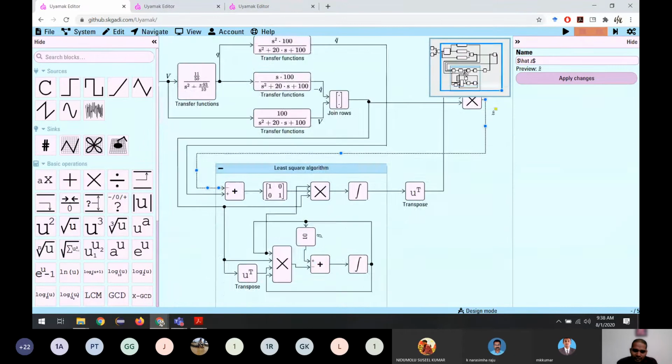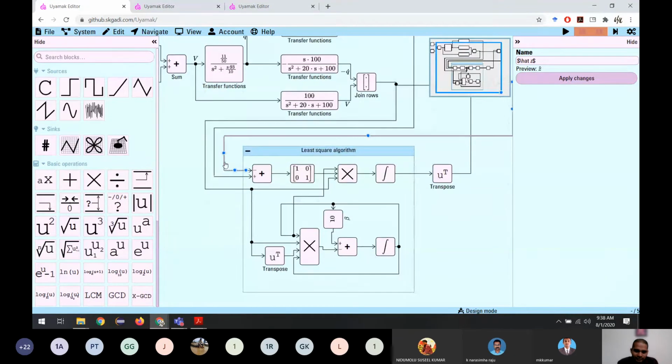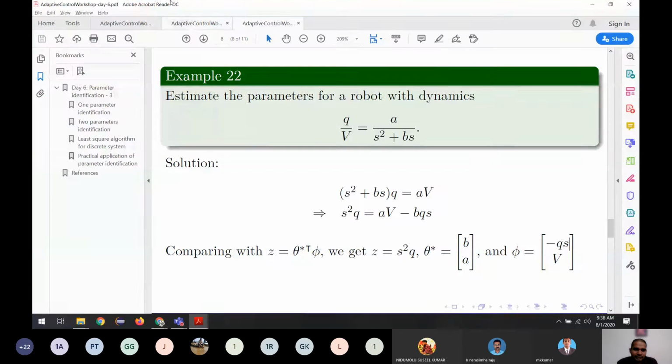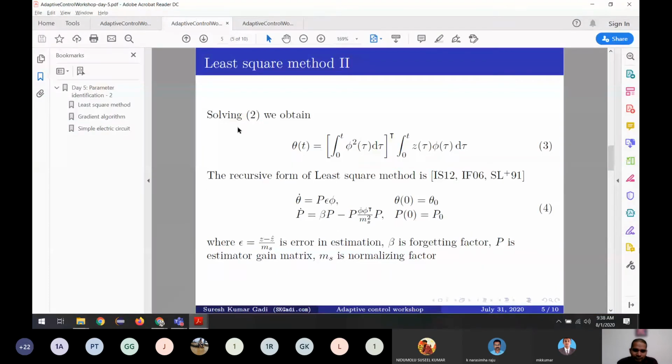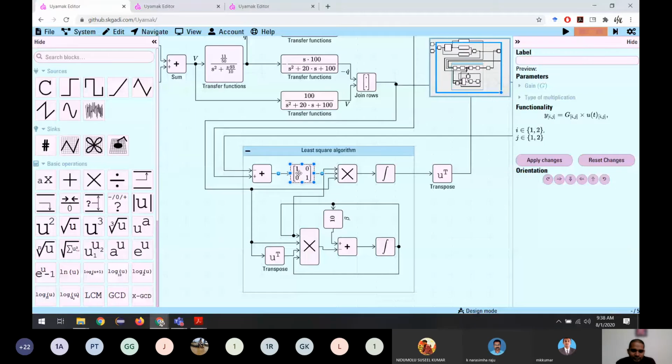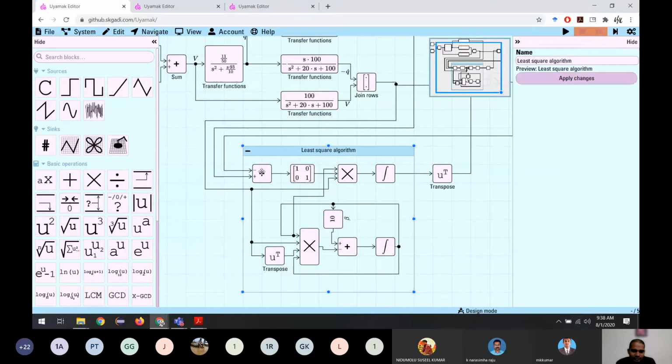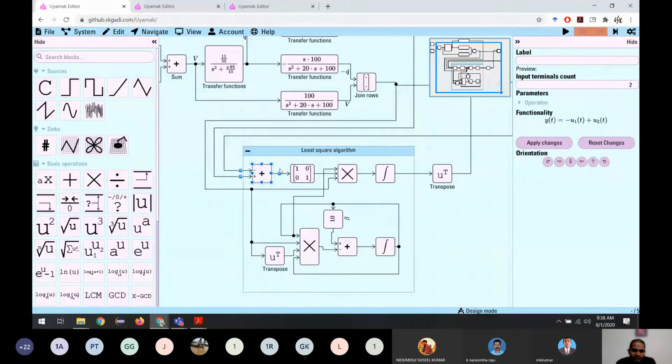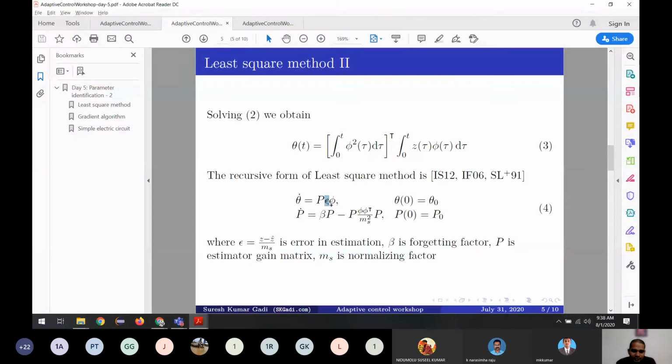From here on, the algorithm is the same. We have the difference, so let us see the algorithm again, because we didn't see it in matrix form. Theta dot is equal to p times epsilon phi. This is epsilon, and you want to multiply epsilon with phi.